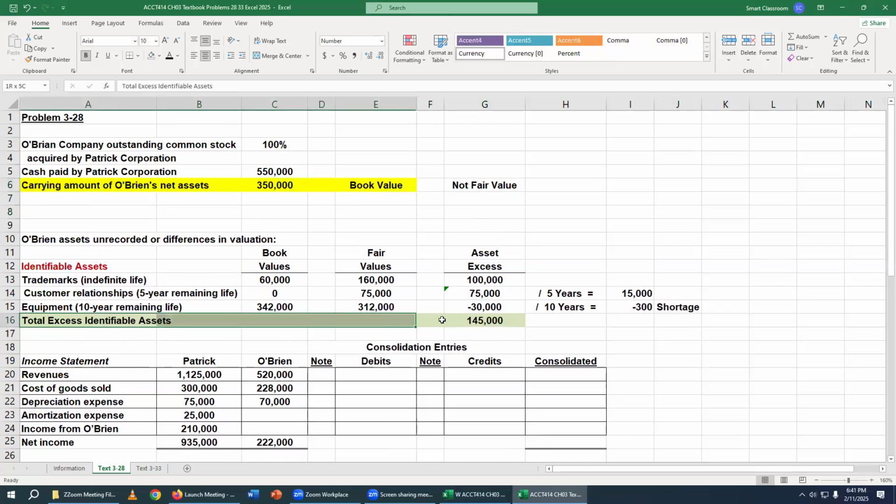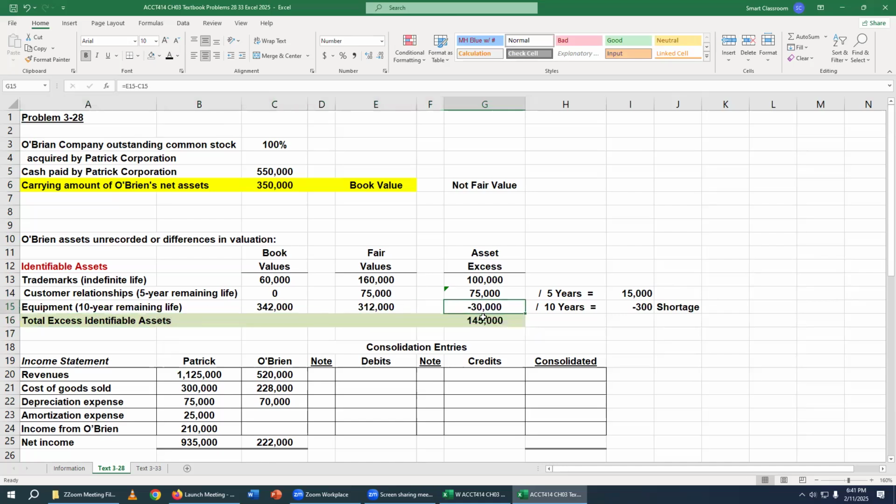Here's the excess. Net excess maybe is a better way to put it, because this is a negative. Hey, how come you guys didn't tell me that I put this in here wrong? You guys know I'm a knucklehead. You got to keep track of that kind of stuff.